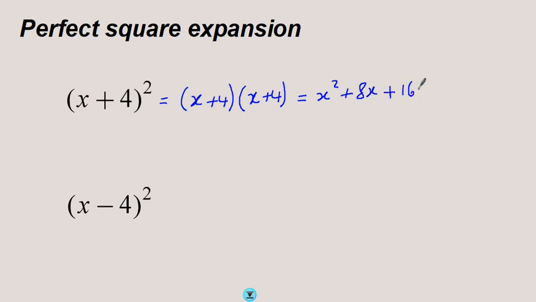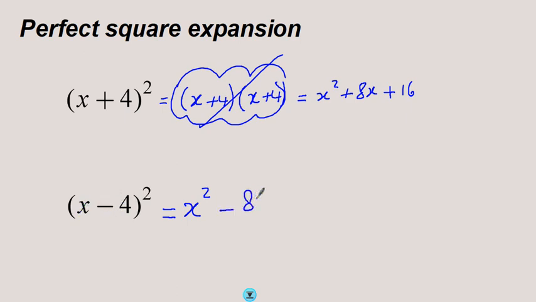So let's apply the shortcut without having to write this. There is no need for that. You simply write down the first term squared, 2 times the first times the second. So 2 times the x is 2x times negative 4 is minus 8x, and then the second squared, which is again plus 16.